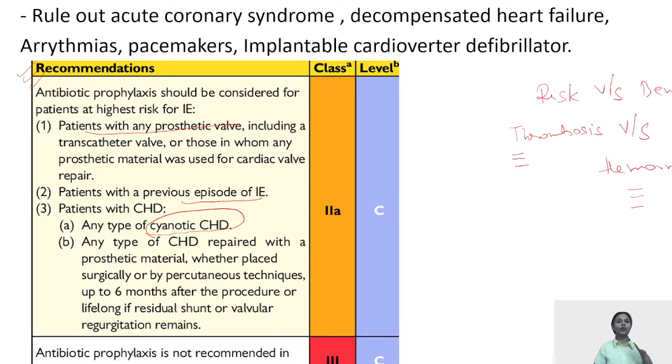Any patient who had a prosthetic valve is a candidate for the antibiotic prophylaxis. Any previous episode of infective endocarditis, cyanotic congenital heart disease, and lastly, if the surgery has been done within 6 months or there is a lifelong residual shunt in the patient.